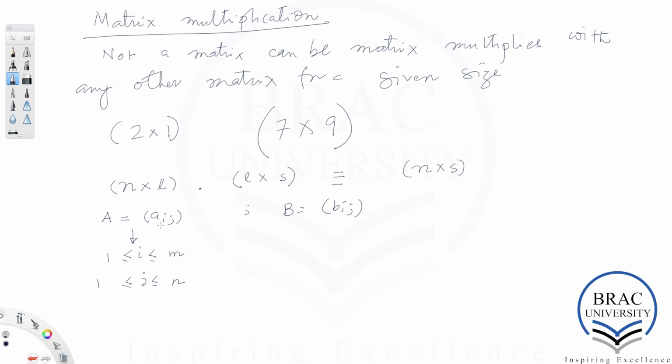So the row index runs between 1 and m, and the column index runs between 1 and n, which means that the size of this matrix A is m times n. Similarly, for B, i runs between 1 and n, and j runs between 1 and L, so that the size of this second matrix is n times L.